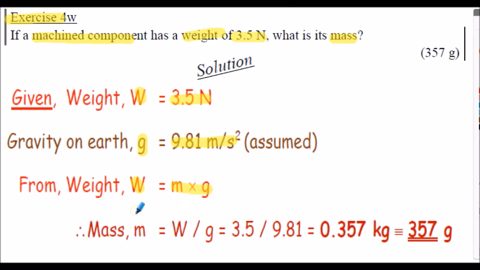Dividing both sides by g, the mass is equal to W divided by g. The W, the weight, is 3.5 newtons. The g, the gravitational acceleration, is 9.81 meters per second squared. That evaluates to 0.357 kilograms, or in terms of grams, that's 357 grams, as stated in the question. Always remember that the base unit in the SI system is the kilogram.